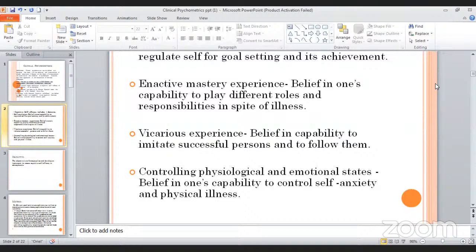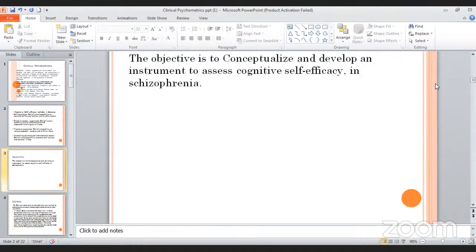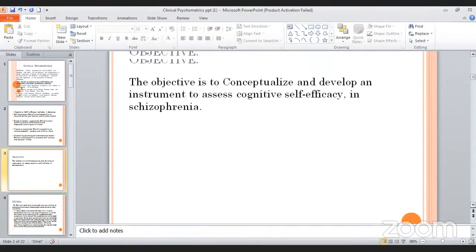And controlling physiological and emotional states is belief in one's capability to control anxiety and physical illness. The objective is to conceptualize and develop an instrument to assess cognitive self-efficacy in patients with schizophrenia.